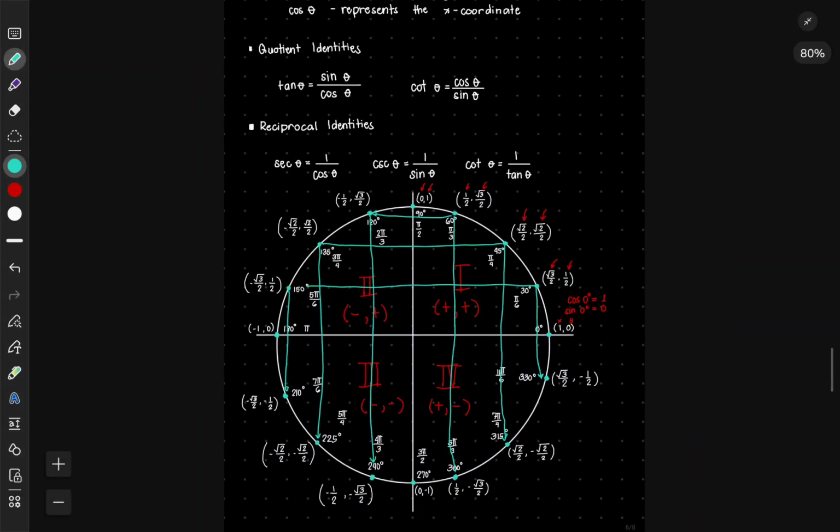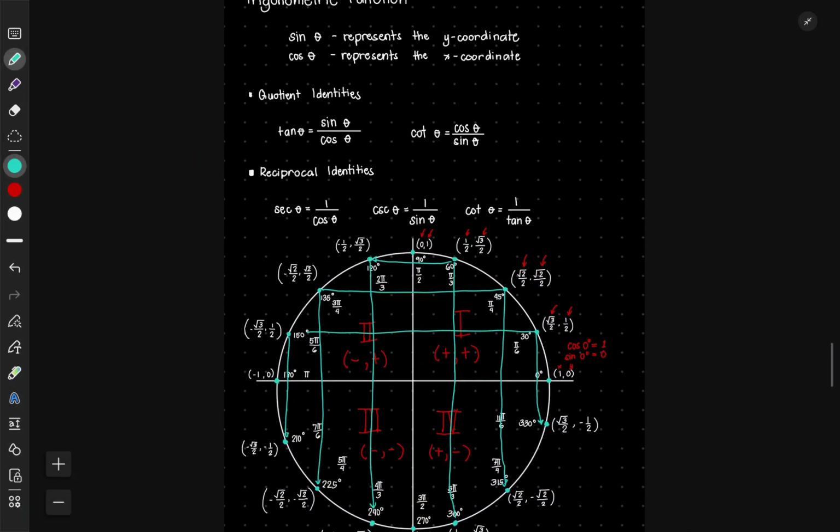So, how can we apply this one? So, yung unit circle, without using yung calculator natin, we can determine the values of our special angles. So, yung special angles natin na sinasabi are yung 0, 30 degrees, 45, 60, 90, 120, 135, 150, 180, 210, 225, 240, 270, 300, 315, and 330 degrees.